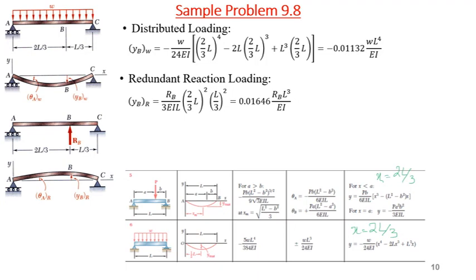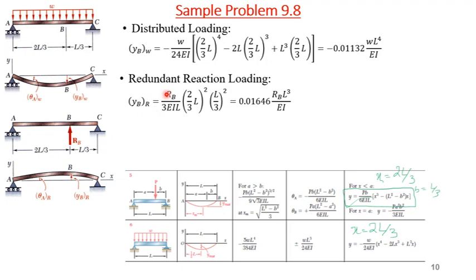B is L by 3, and E and I are also given. So when we put x equal to 2L by 3 and B equal to L by 3 in this equation, P will be negative P, because of the direction, so you have to be careful.